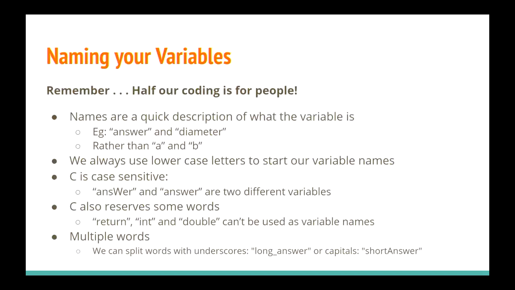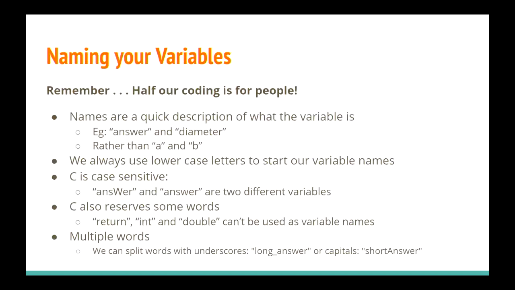There are a few little rules and conventions we're going to use with variables. They're always going to start with a lowercase letter. And remember yesterday I was talking about the English teacher that won't like it when you get things slightly different with grammar and stuff like that? Here, C is a case-sensitive language, so that means upper and lower case have meaning in C, and they will be considered to be completely different letters.